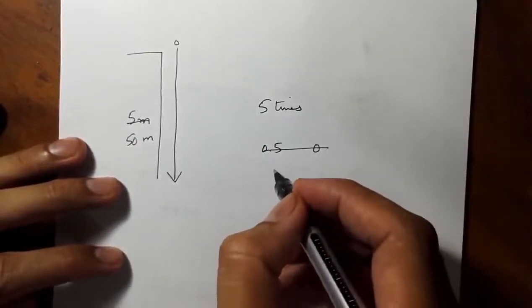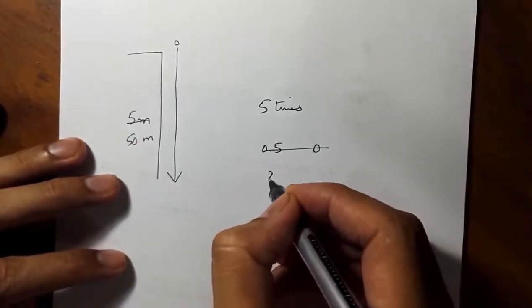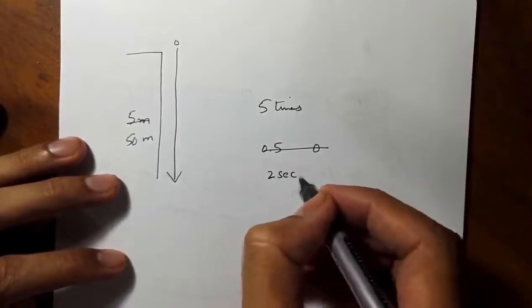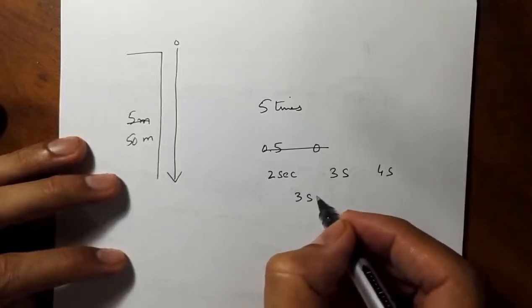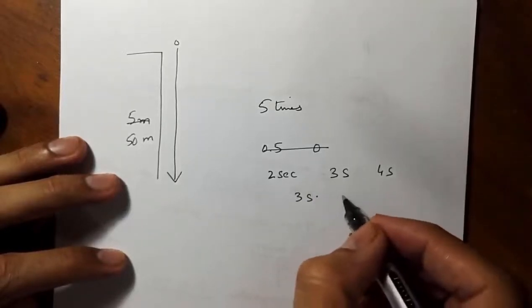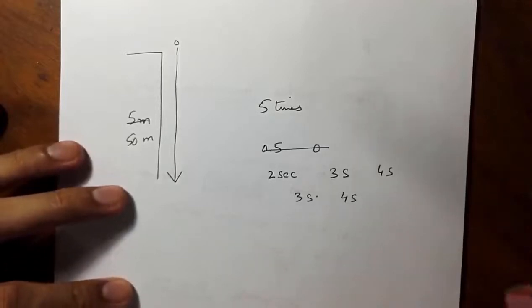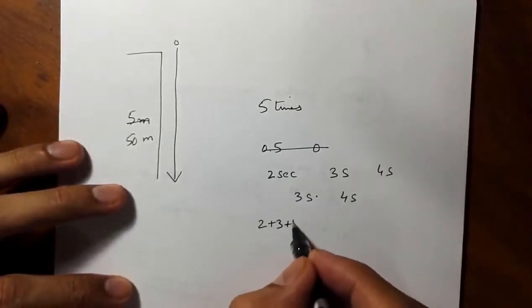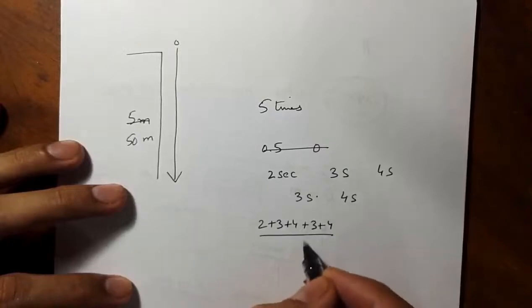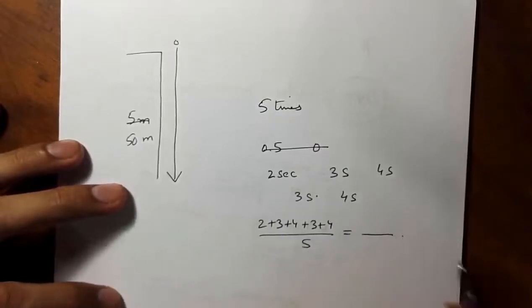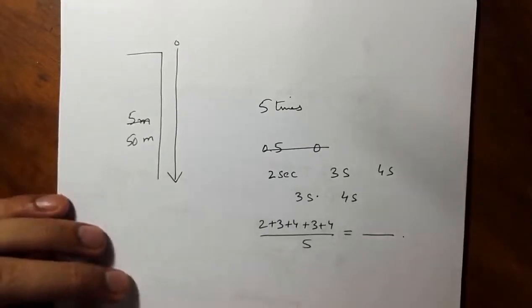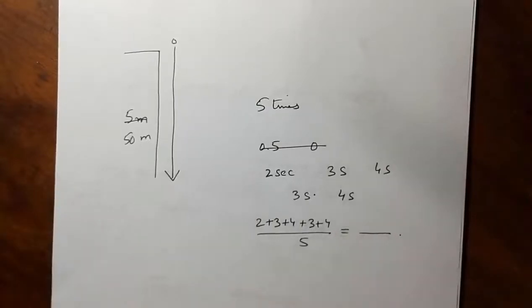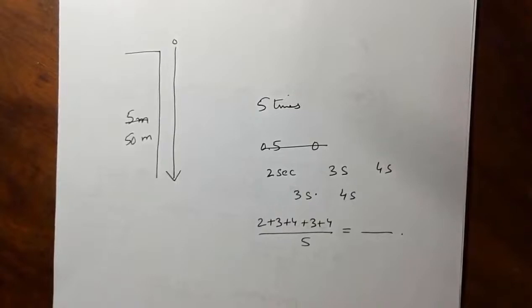So first it will be 2 seconds, let's suppose, then 3 seconds, then 4 seconds, then 3 seconds again, and also 4 seconds. So what will be the average time? 2 plus 3 plus 4 plus 3 plus 4 divided by 5. Whatever the answer is, this will be the average time an object takes to fall from a height of 50 meters. So in this way you can use these time measuring instruments in order to find out the time intervals.